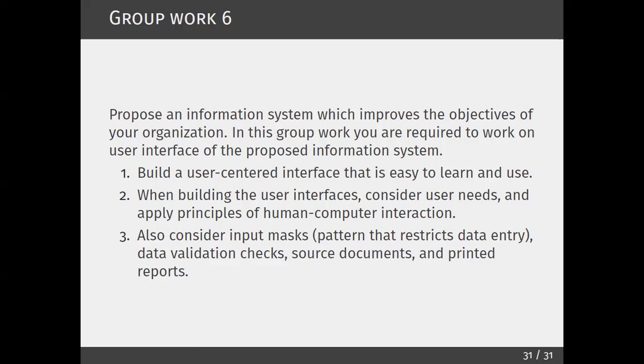You first start with an information system, think about a particular user interface, and then build it as a kind of user storyboard that we have seen earlier, where you present how, for example, the first interface is connected to the second interface and so on. But when you're doing it, think about the principles that we have discussed. You have to think like a user, and also think about data validation: in what places you should check for data validation.